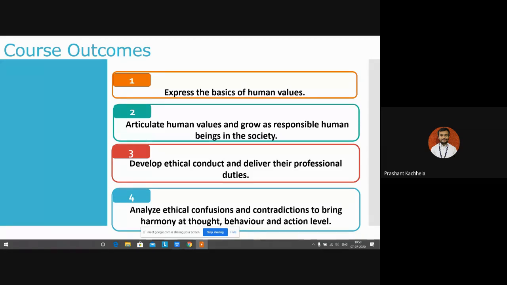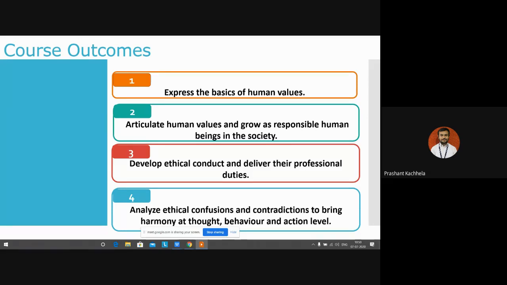The second one says: articulate human values and grow as a responsible human being in the society. As a part of society, society does expect from us that we behave in a particular way.